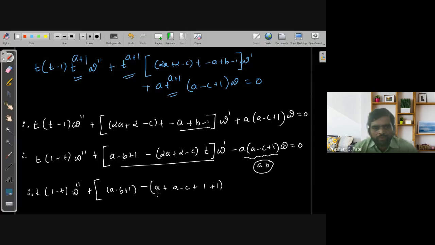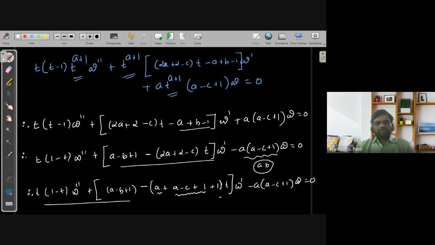You just observe that this is a and this is your b plus 1, w dash. That is exactly the same thing, into t. I forgot that t into t. Into t w dash minus a into a minus c plus 1 w equal to 0.